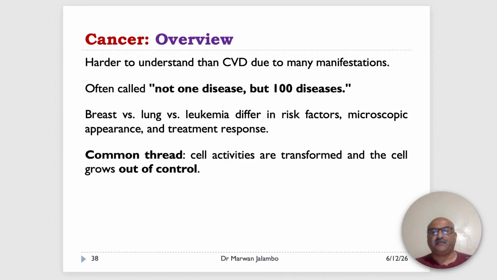Breast cancer, lung cancer, leukemia, they differ in risk factors, in how they look under a microscope, in how they respond to treatment. So we can't study cancer as one thing. Each type must be tackled separately.